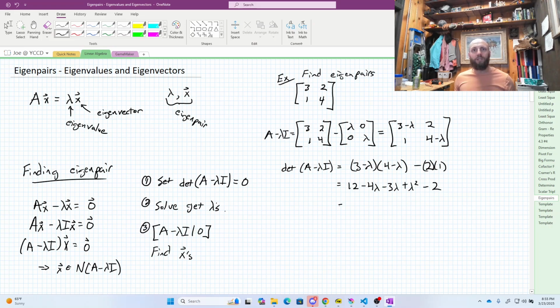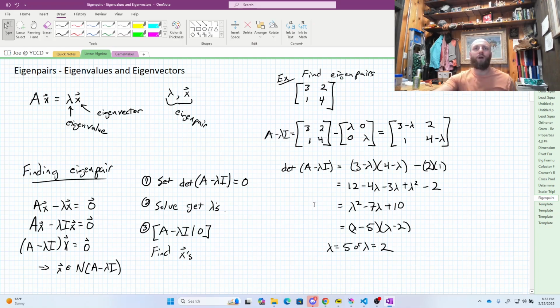Then I'm going to fiddle this around a little bit more. So I got lambda squared minus 7 lambda plus 10. And then I'm looking to set this equal to 0, so I'm going to factor that. That's going to be (lambda minus 5) times (lambda minus 2). That's going to tell me that my lambdas are 5 or 2.